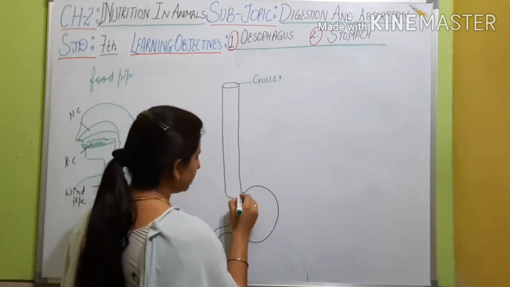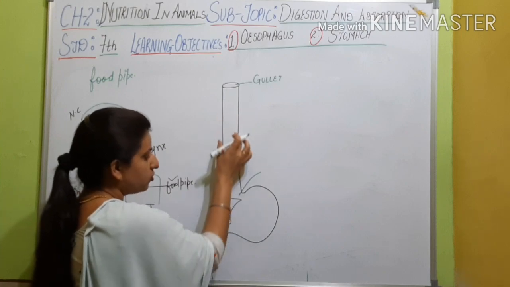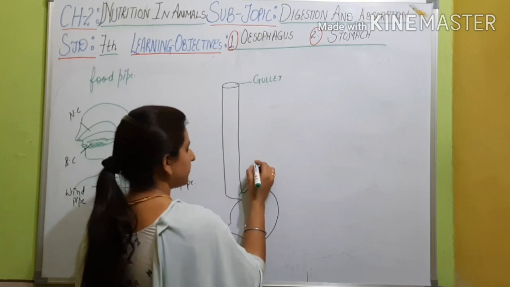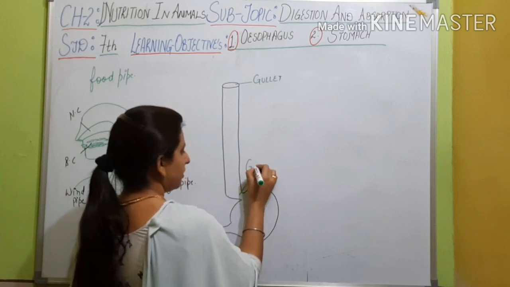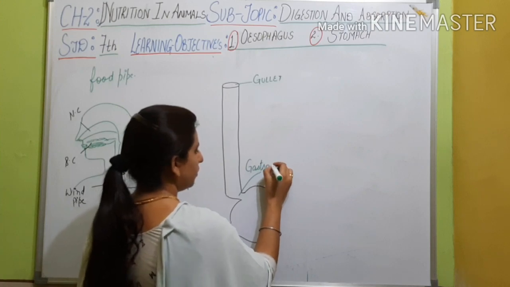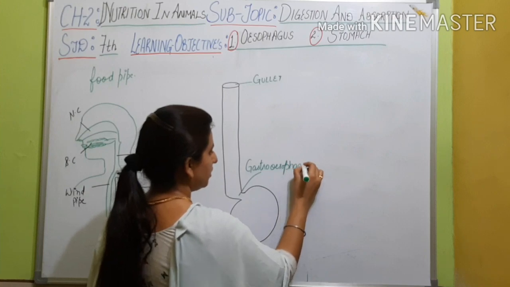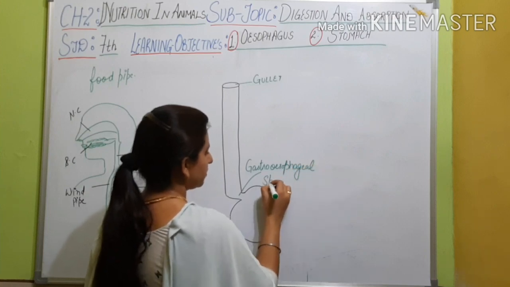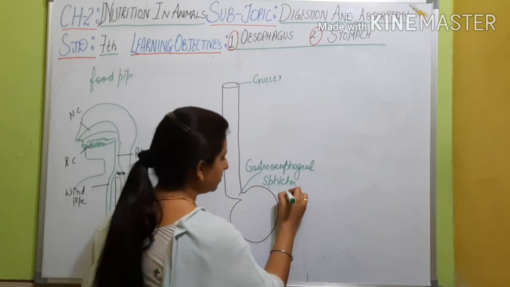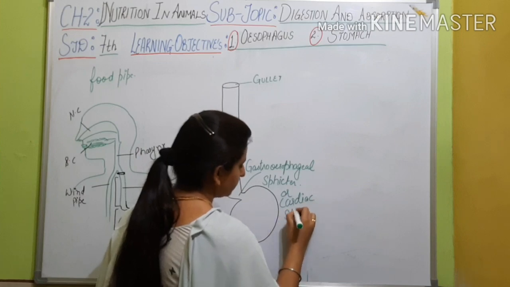And this part, where the esophagus is ending and the stomach is starting, this part is called the gastro-oesophageal sphincter or cardiac sphincter.